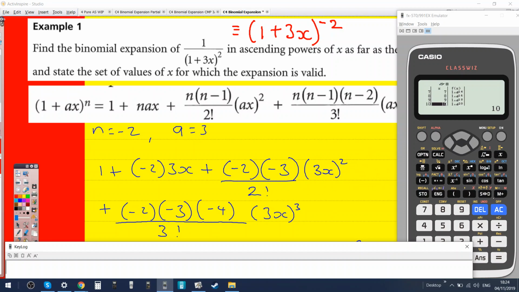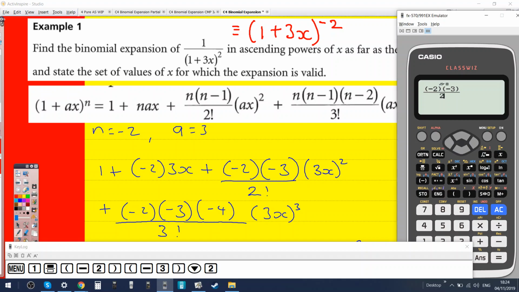Just, if anything was for the calculator, this is it. So, minus 2. So, same as before. You can't put in the x, but you can put in every other number. Okay.